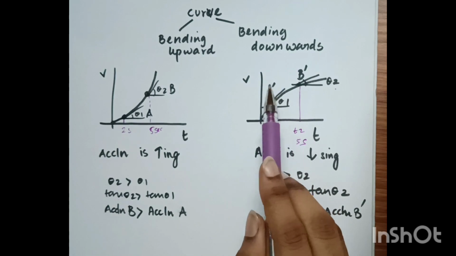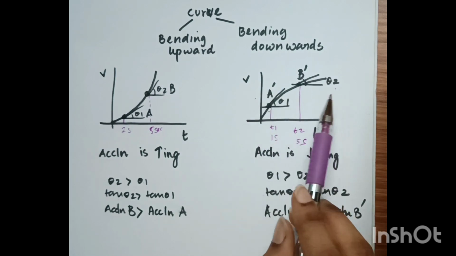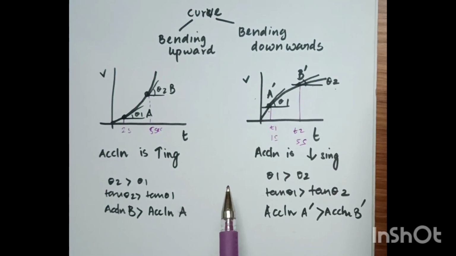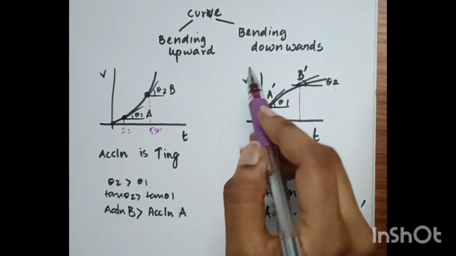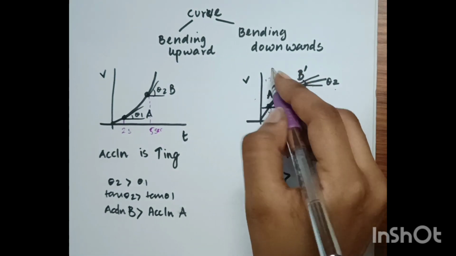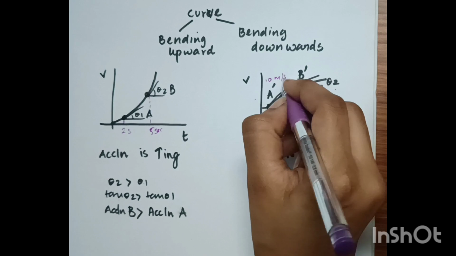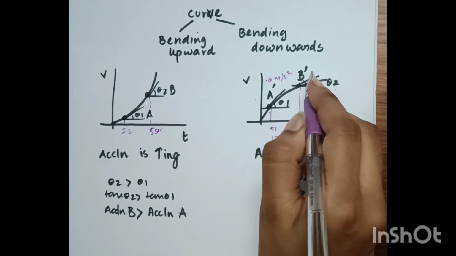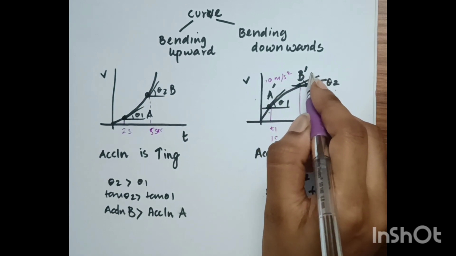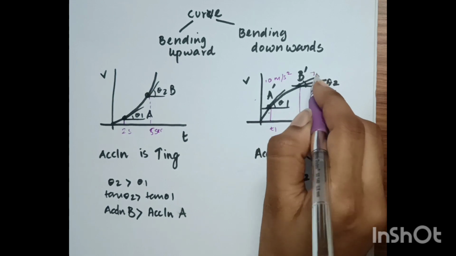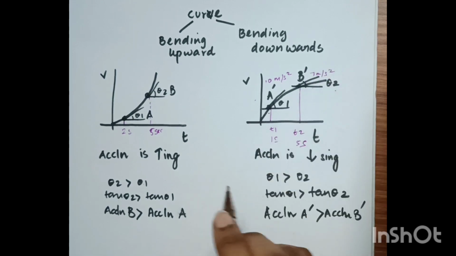Acceleration at A dash at this point is greater than that of acceleration at this point. Suppose we are having 10 meter per second square acceleration here, then we must definitely have a lesser acceleration here. Let us take 7 meter per second square. So acceleration is decreasing.